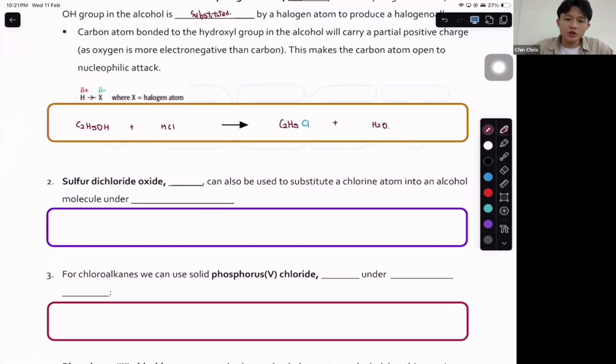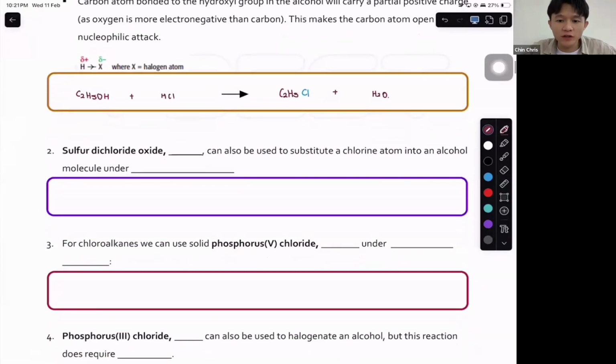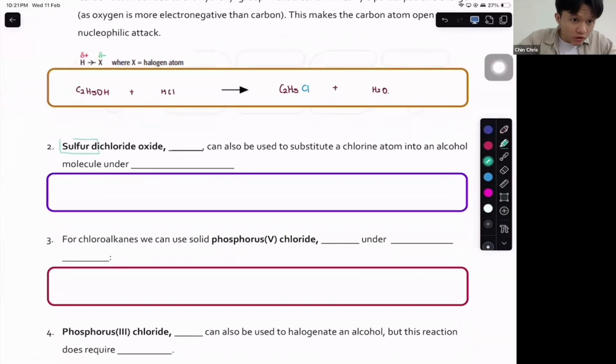Alright guys, the second reaction we have is with a sulfur dichloride, which is a SOCl2. This is the most important one.